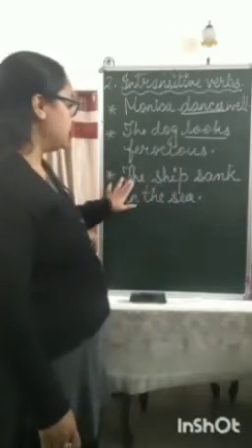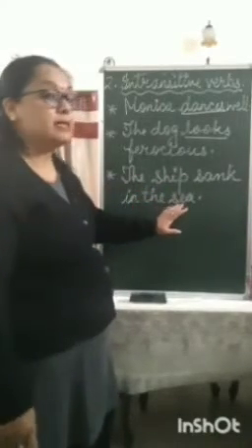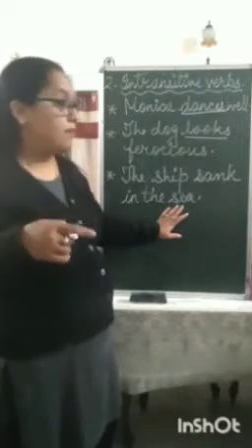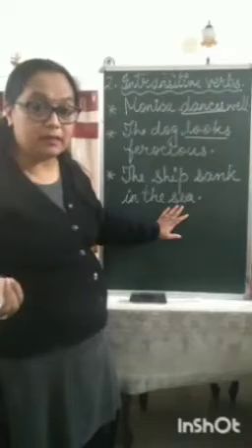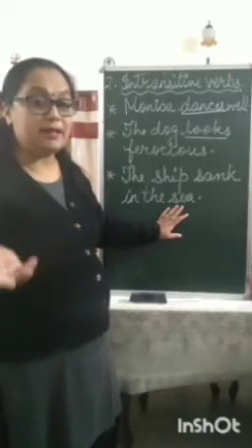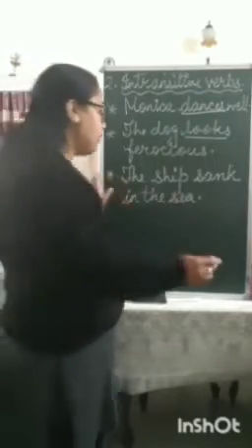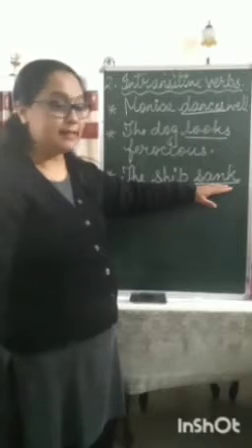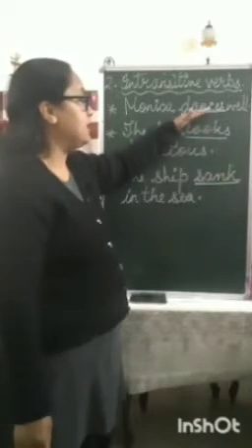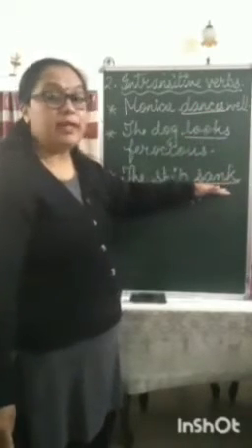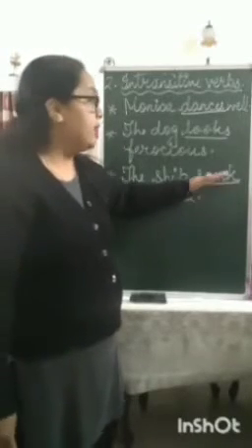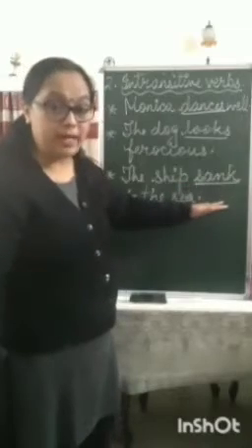Similarly, the third sentence, the ship sank in the sea. In this sentence, we're not asking the ship sank what? We can say where did the ship sink? The answer will be the ship sank in the sea. But if we simply say the ship sank, that also makes a complete sentence. So these words, dances, looks, sank, do not require an object, or they are not followed by any object in the sentence.